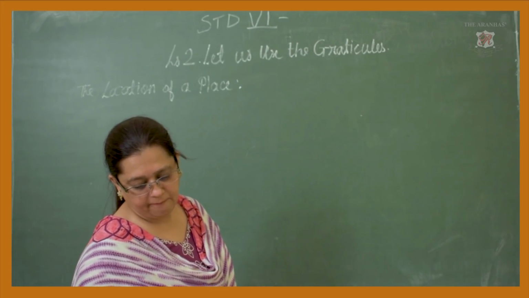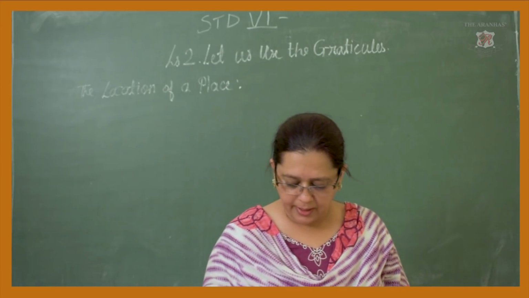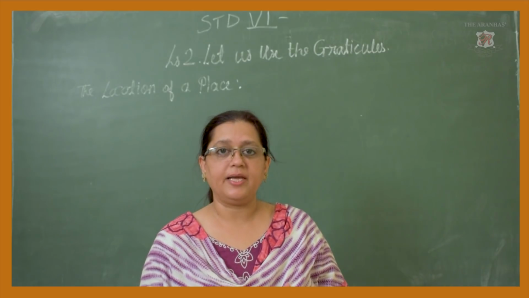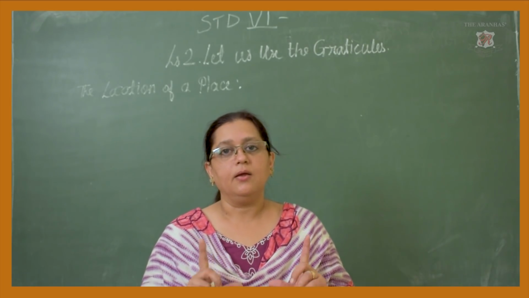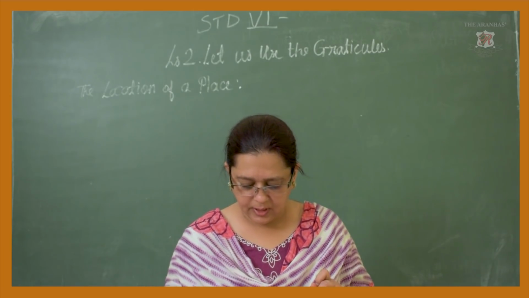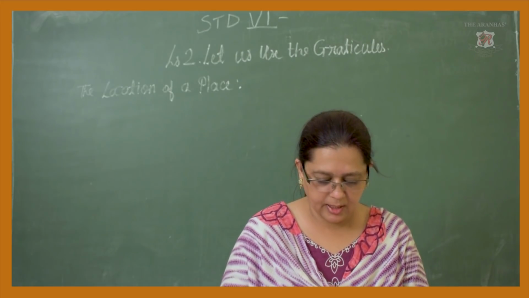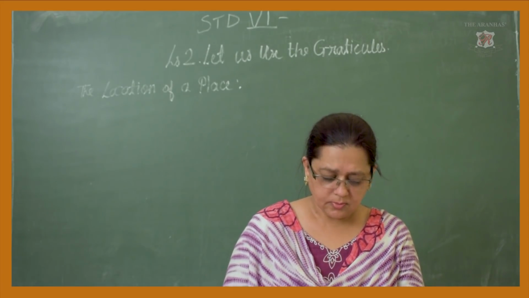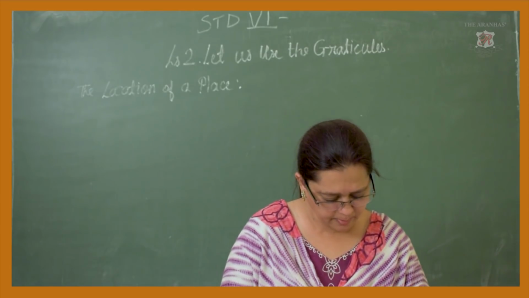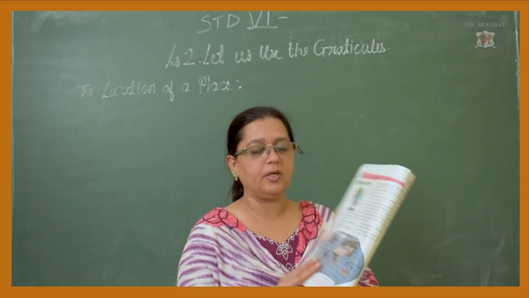We need to consider only one parallel and one meridian. Take an example of Delhi. Where is Delhi located? Children, you have a map in your book on page number 10.